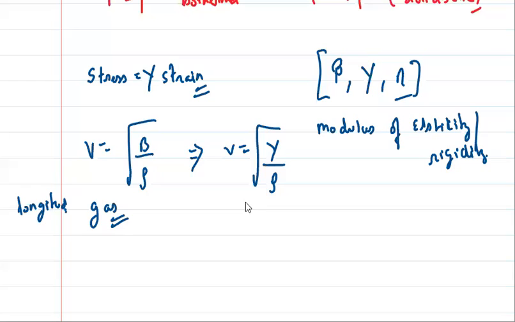We already know that sound travels faster in solids or liquids as compared to gas. So obviously longitudinal wave can pass through solids, but we don't have bulk modulus in solid, but we do have this Young's modulus. So this formula is for longitudinal wave in solids.